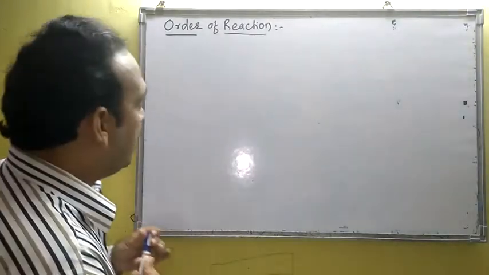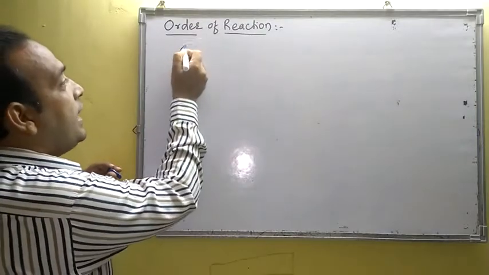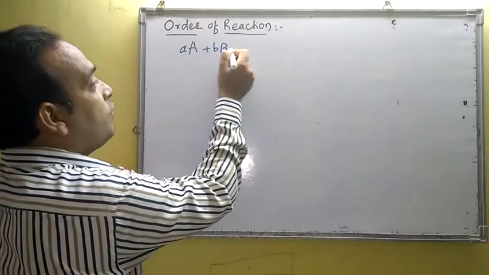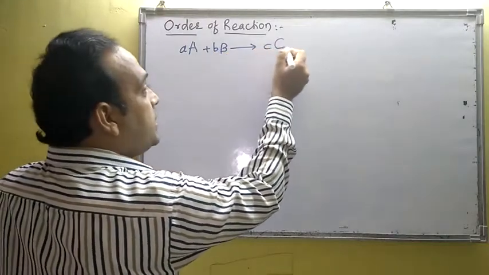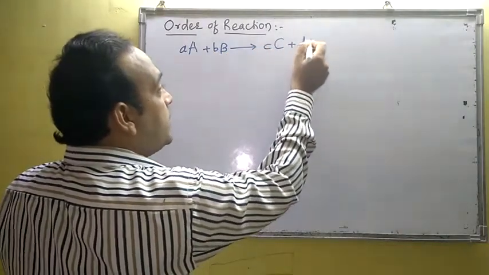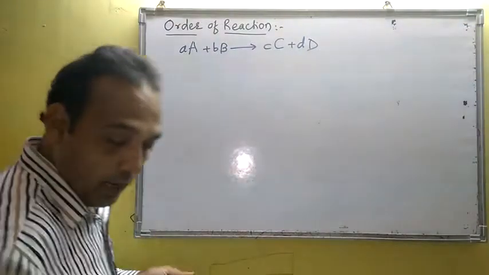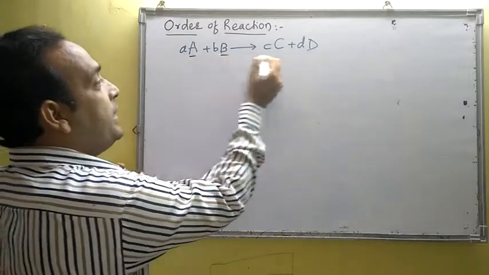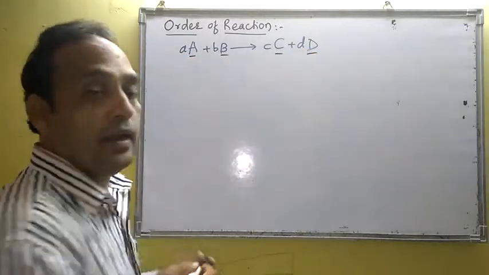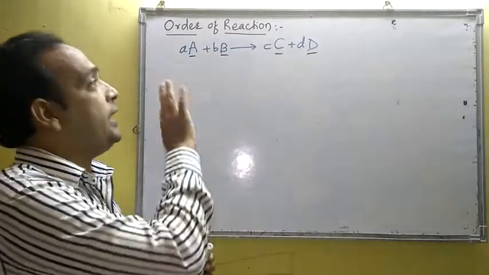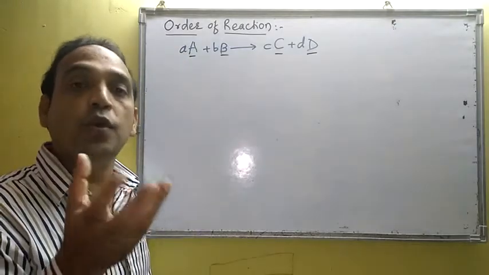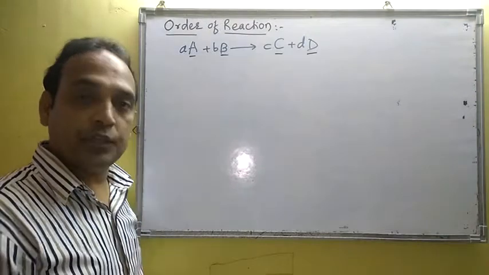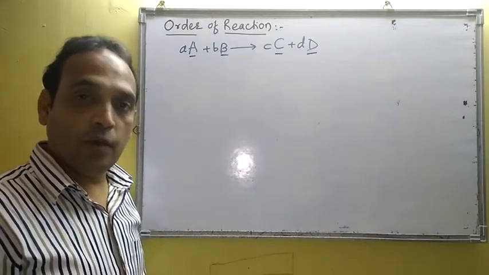For example, I am writing here: a moles of A react with b moles of B to give c moles of C plus d moles of D. In this case, the capital A, B, C and D are reactants and products, and small a, b, c, d are the coefficients. Now, write the rate expression according to rate law.